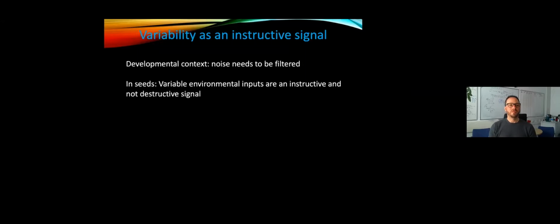So, for example, when a plant is developing in a noisy environment, you want the plant to be as robust as possible in terms of its morphological and physiological characteristics, despite the fact that it exists in a noisy space. You want it to be a robust entity. However, in seeds, a variable environmental input is actually instructive and not a destructive signal. So the seeds are looking for variable inputs, which was rather unexpected.